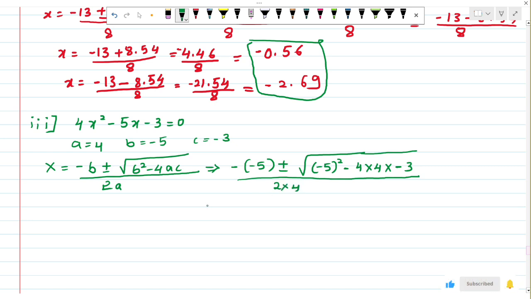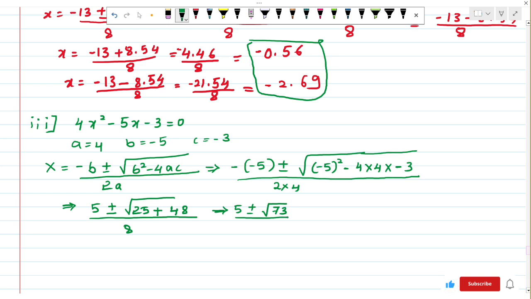If I simplify it, I'll get 5 plus or minus root of 25 plus 4 4s are 16, 16 3s are 48, divided by 8. So 5 plus or minus root of 25 plus 48 is 73, divided by 8.